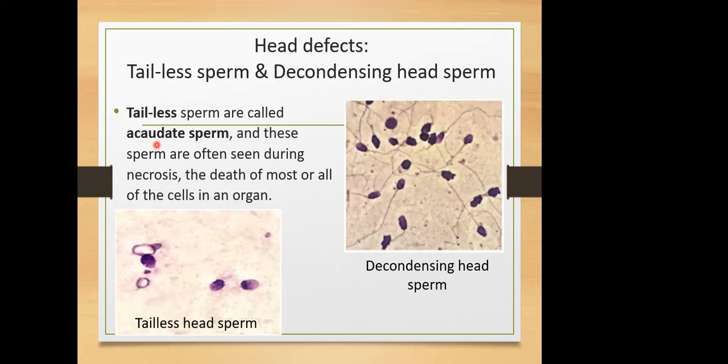You understand? So caudal or caudated or caudate is tail. So acaudate means absence of a tail. So tailless sperm are called acaudate sperm. I think I didn't talk about this one, so it's good that we are here after all. I hope the point is clear there. Good.